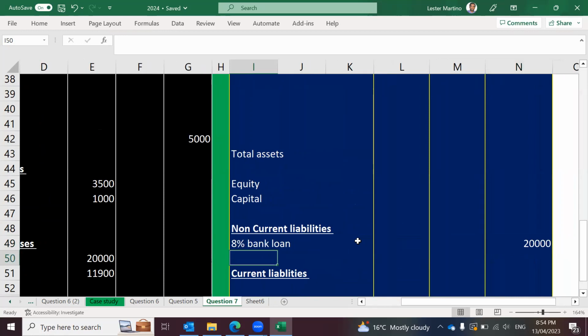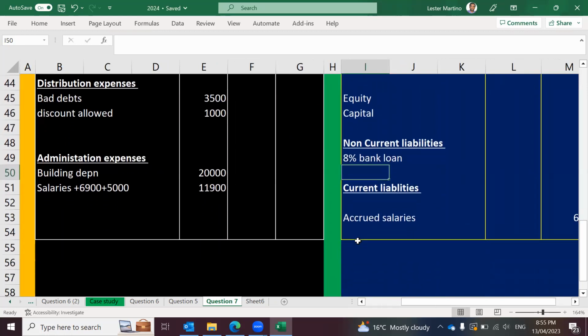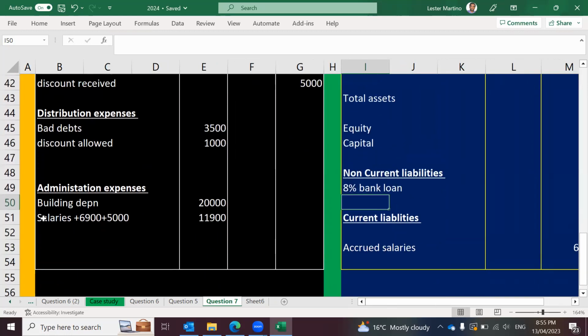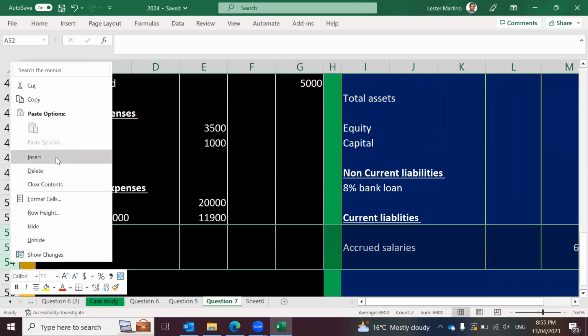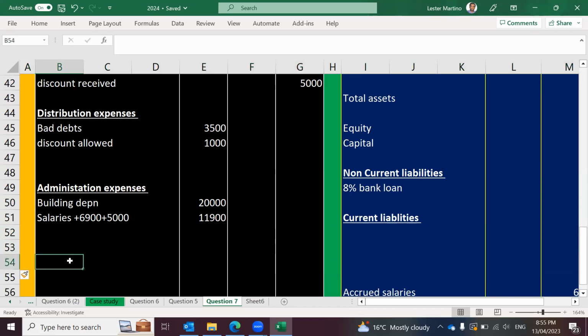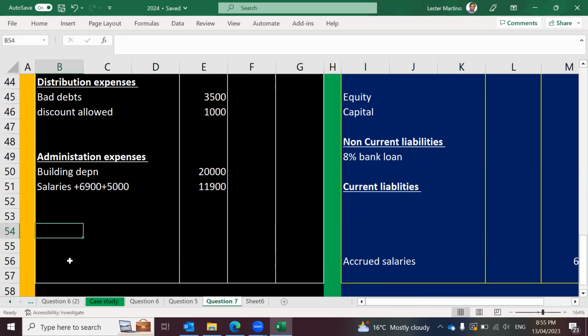Now calculate 8% of 20,000. 1,600. So go to the finance expense. Write it down. Interest on bank loan, 1,600.